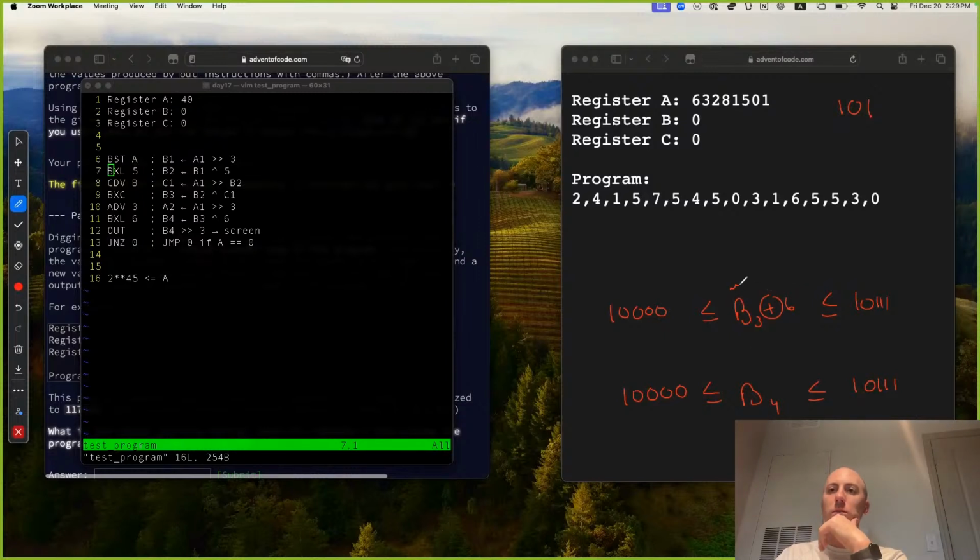So we want to get a bound on B3 now. What number, when you XOR it with 6, will give you this exactly? If you do 10101 and you XOR it with 6, then you're going to get this.